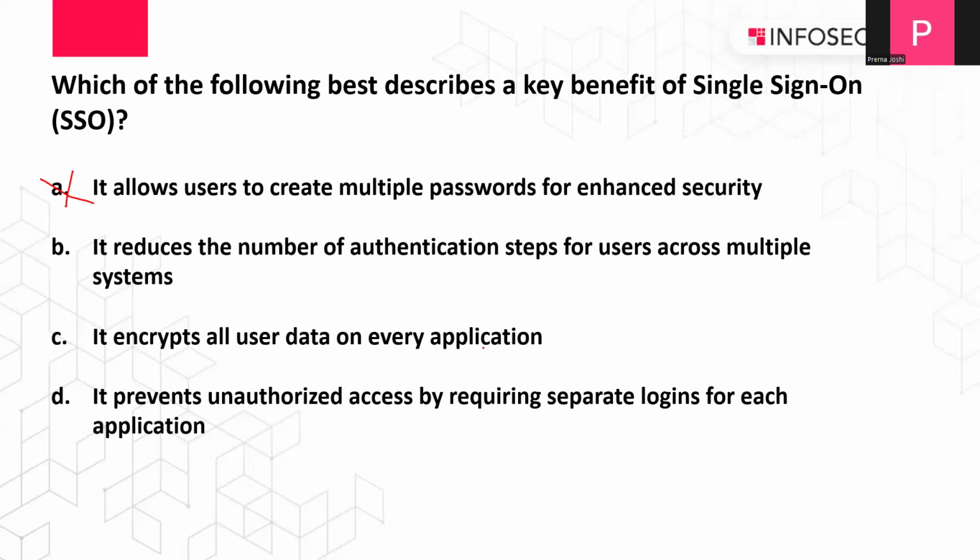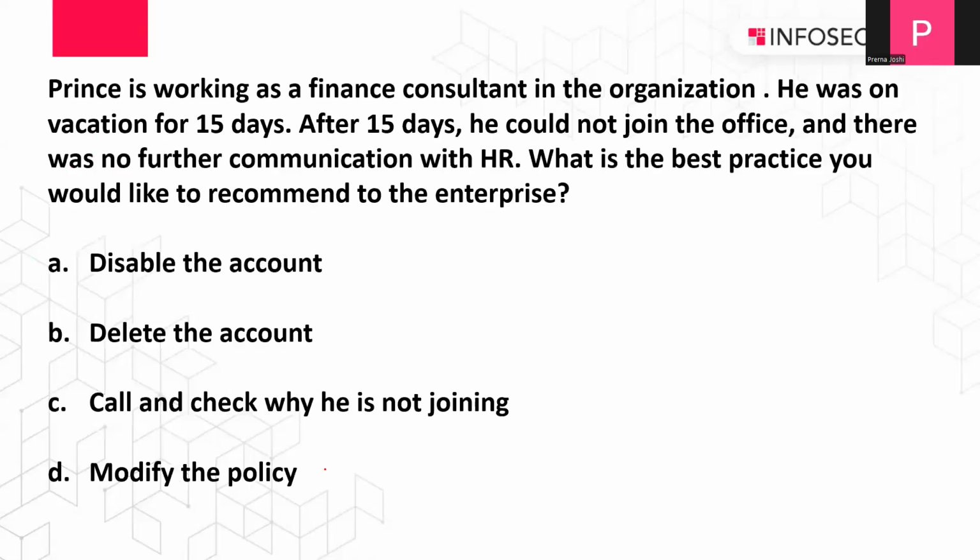So this is not the best benefit, you can say. It is another thing. Then we have D, which says it prevents unauthorized access by requiring separate login for each application. This is definitely not. So among these options, the correct answer is B, which says it reduces the number of authentication steps for users across multiple systems, because once you authenticate yourself, you can use the other applications as well. So the correct answer is B.